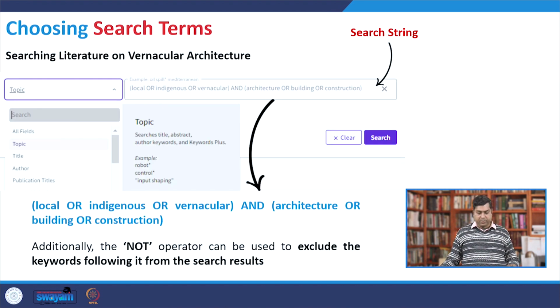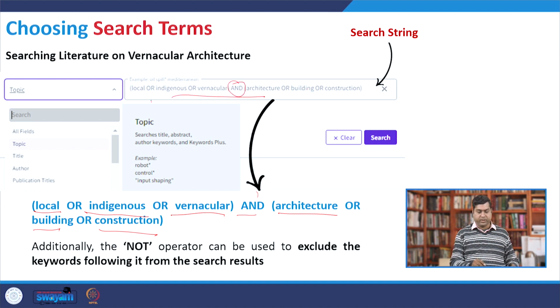Now, there are certain kinds of searches, say you want to search something on local or indigenous or vernacular, and architecture or building or construction. Any of them will work. So, it can be local architecture, indigenous architecture, local building, indigenous building, local construction, indigenous construction. And means both of them should be there, or means either of them will work, and you prompt the search. You just put it in such a way.